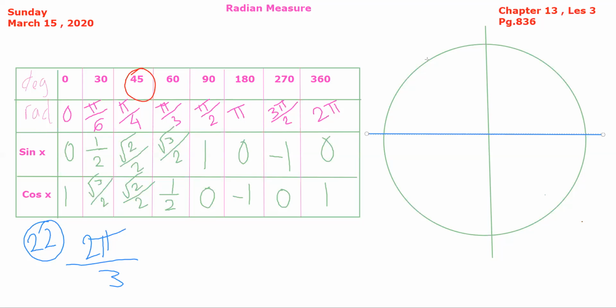Now, 2 pi over 3, here we have a 3, so it is 3 pi minus pi, which is pi minus pi over 3.